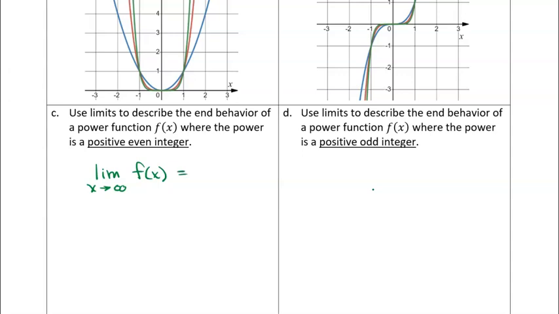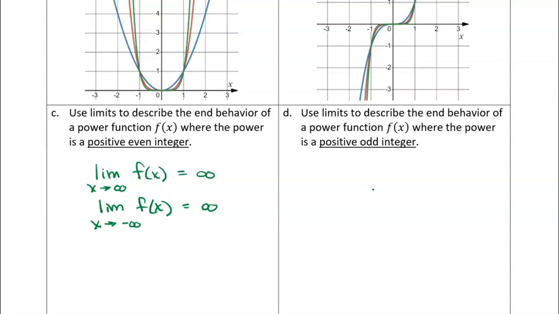It looks like it goes to infinity, right? And the same way, we can look at the other end of the domain, and it also goes to infinity, right? All of those even power functions.